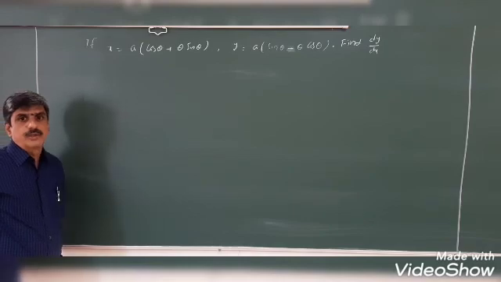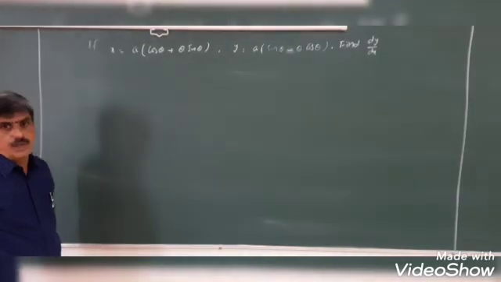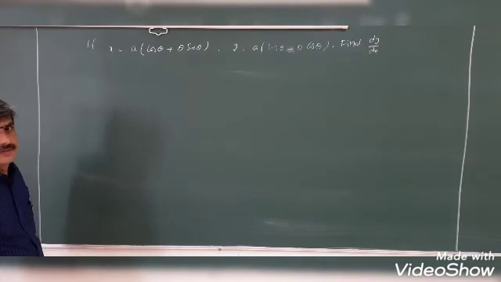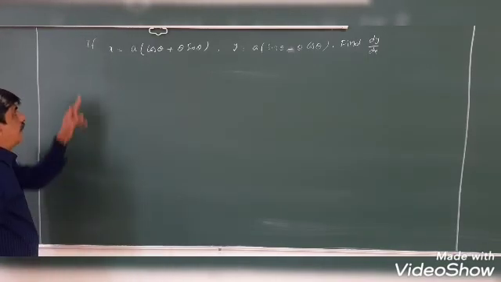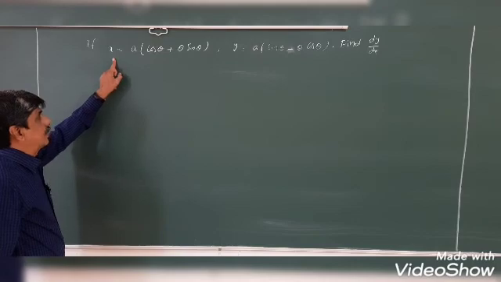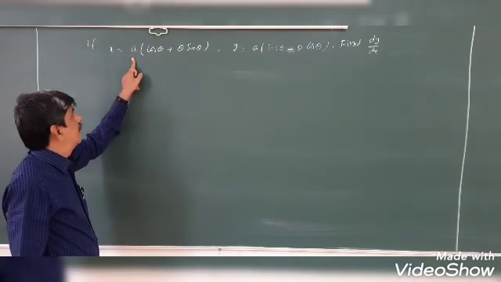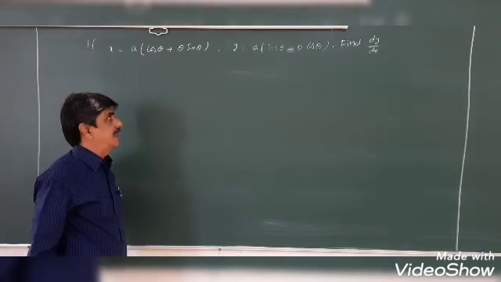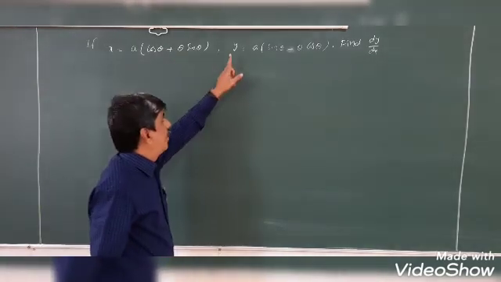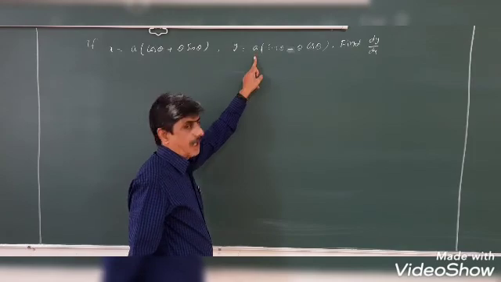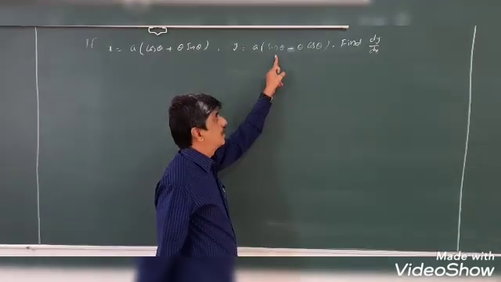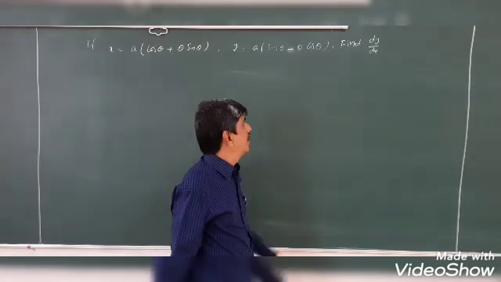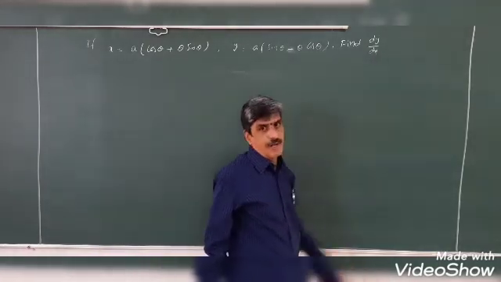Today I am going to discuss some more questions important for 3 marks. If x is equal to a into cos theta plus theta sin theta, y is equal to a into sin theta minus theta cos theta, find dy by dx.